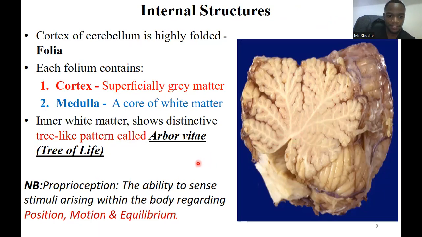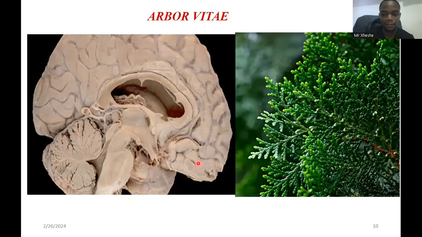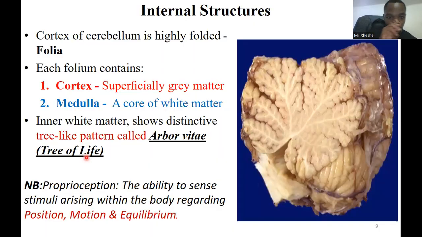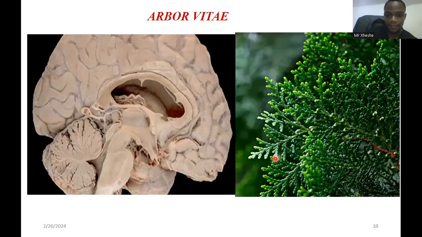So in Asia, there's a tree called arbor vitae, all right? That is arbor vitae. So this is a tree, a shrub, if you like. So the name for this arrangement of white matter, look at that. That is white matter, more like this tree. There isn't so much difference. You follow that. It has those branches, which we are seeing there.